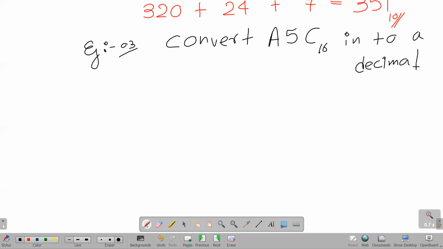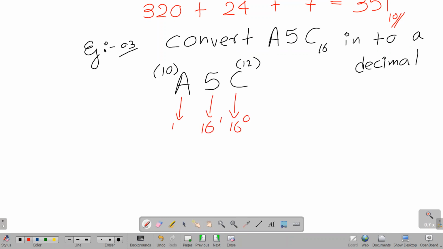Right, so here we take A5C and we have to be very careful. A means 10. C means what? It is 12. So the place values are 16 to the power 0, 16 to the power 1, 16 to the power 2.